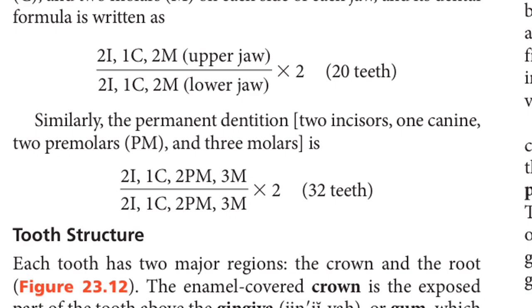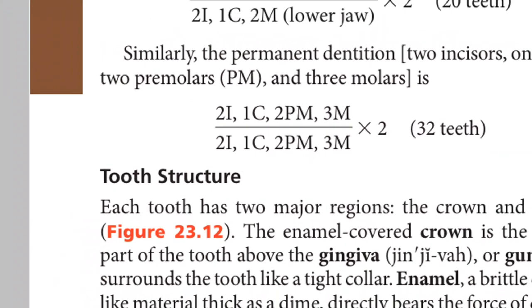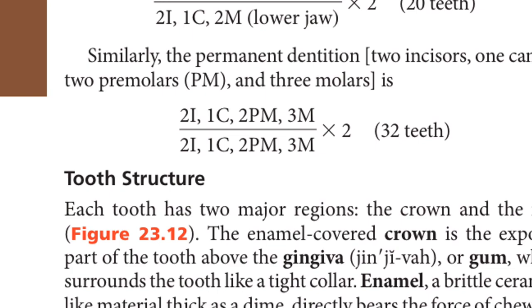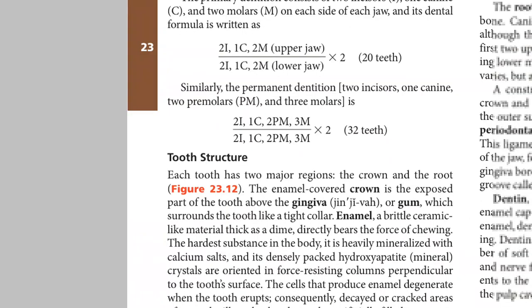So 3 plus 2 plus 2 plus 1 is 8, left and right, so that is 16. Upper jaw, lower jaw, 16 plus 16, so that means 32 teeth in the adult.